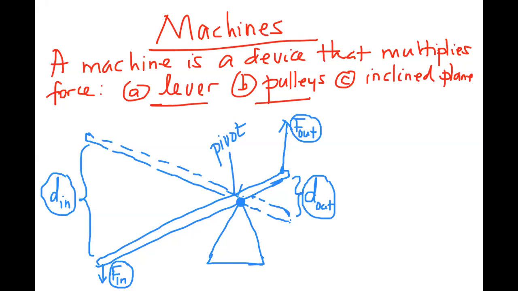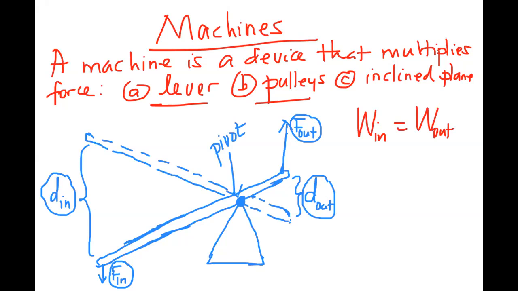So if we ignore air resistance or any opposing forces, friction at the point of contact here, if we ignore the weight and balance the force of the weight of the lever, then if all things are taken care of, we should be able to conclude that the work input must be equal to the work output. We're doing this because of the conservation of energy. We can't just get more work output than we put in.